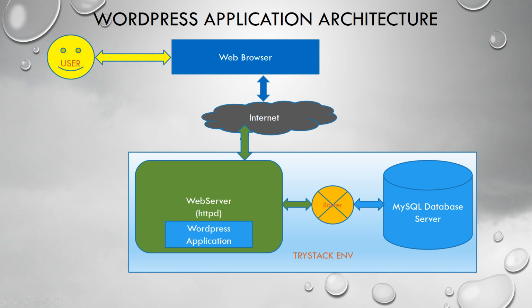So this router will be connected to the internal network, whereas my web server, I'll assign a public IP. I'm not assigning any public IP to the MySQL database server. That will be my architecture here. That's normally done in a practical environment as well.